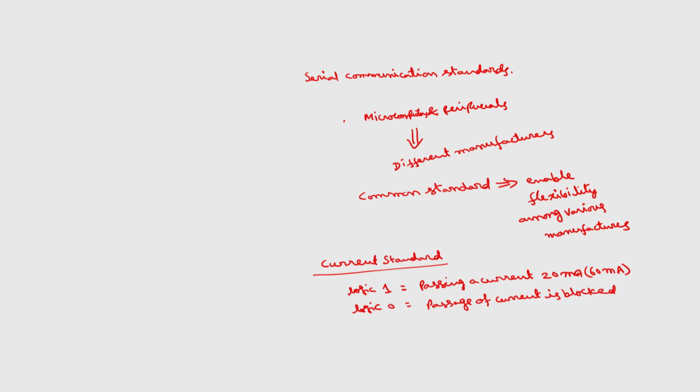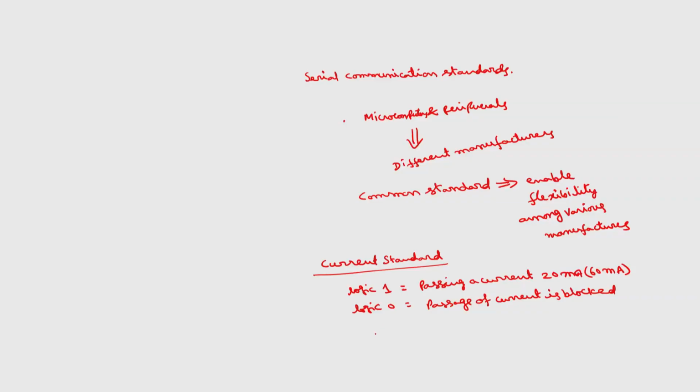Because here we transmit logic 0 and logic 1 using current, the advantage of this current standard is that it is less susceptible to noise. The effect of noise will be less here, so this is suitable for long distance communication.